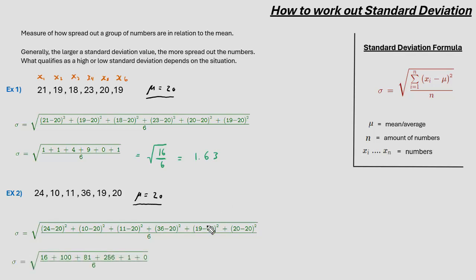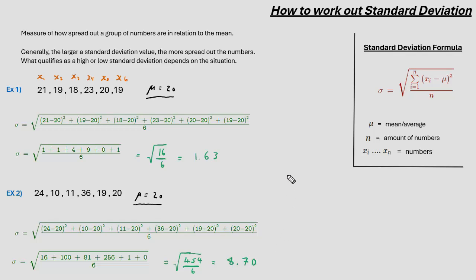And calculated a bit further, this is what we have, and this gives us the square root of 454 over 6, and to 2 decimal places this gives us a value of 8.70.